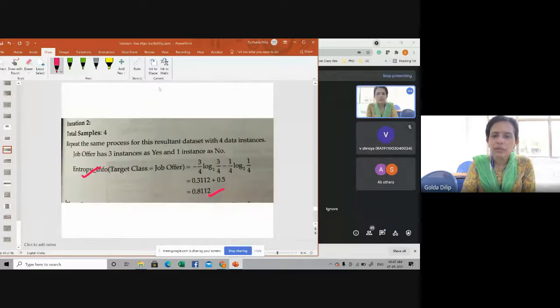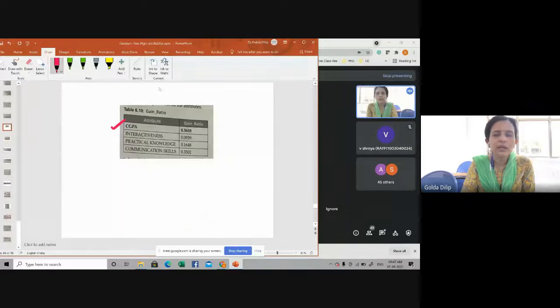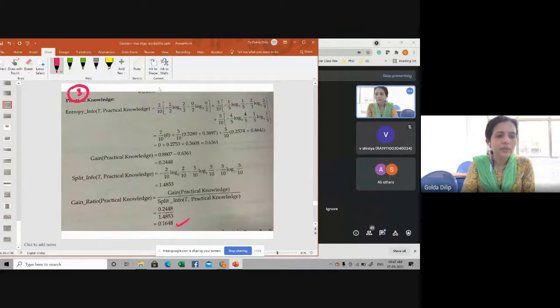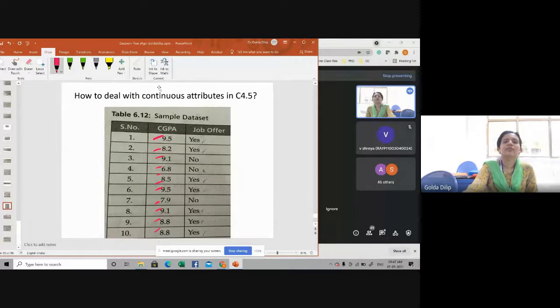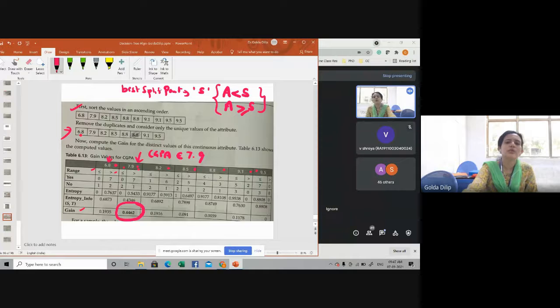Do you have any doubts? You can ask me. Today we discussed the last topic, how to take care of continuous attributes. In case your C4.5 algorithm has continuous attributes, what you basically do is find the splitting threshold value, or split point, and categorize values as less than the split point and more than the split point.